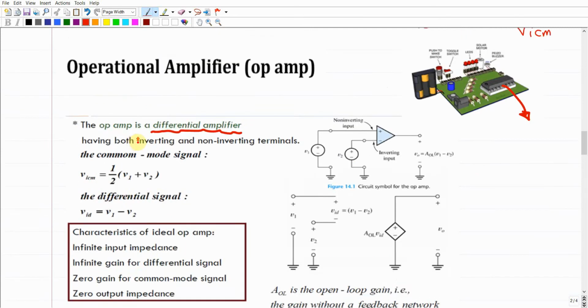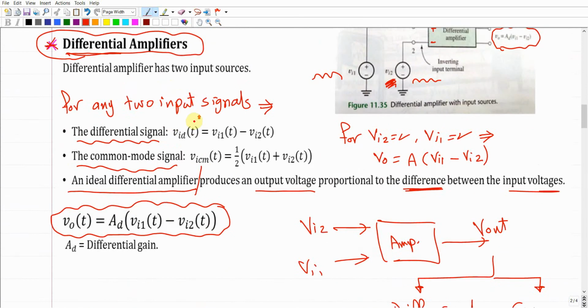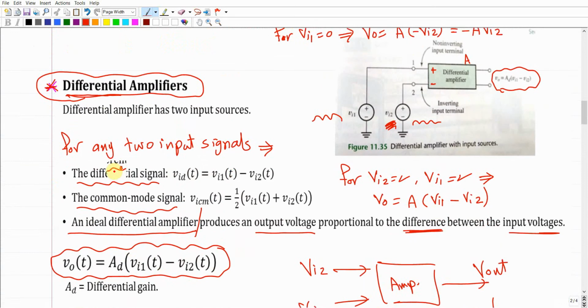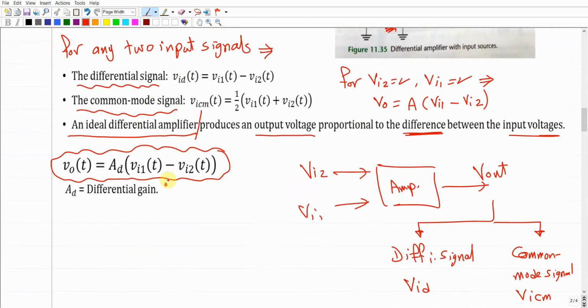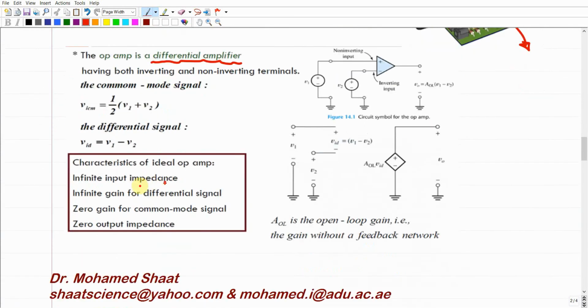As we discussed before, for any two input signals, we may have the difference between the signals. This gives us the differential signal or the common mode signal. For the ideal operational amplifier, the common mode signal should be zero, or in other words, the gain for the common mode signal should be zero, but the gain for the differential signal should be infinity. What does zero mean?